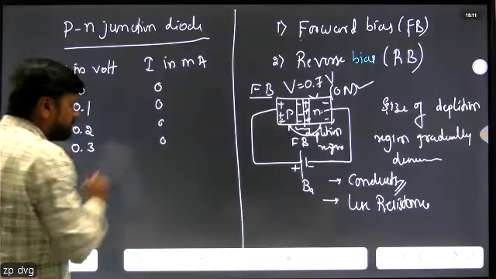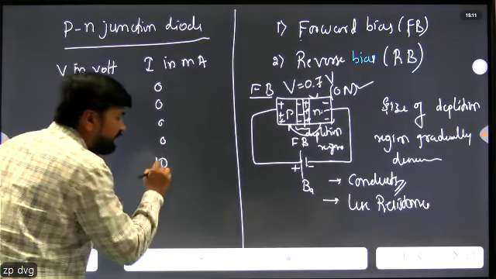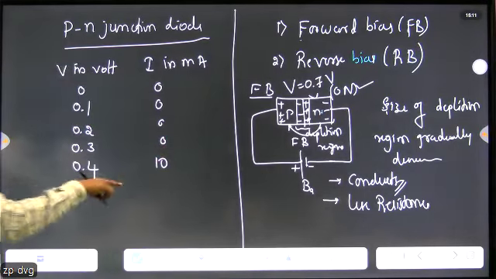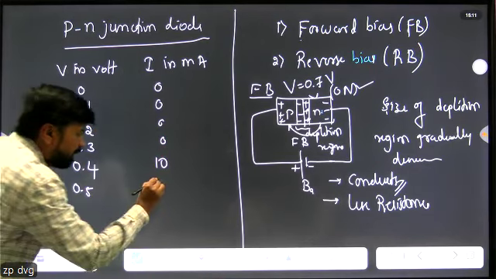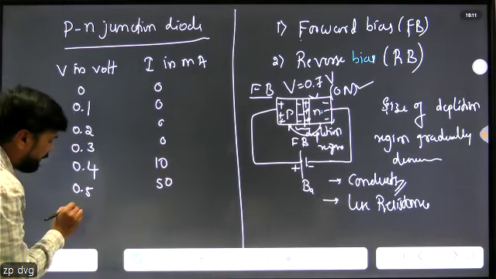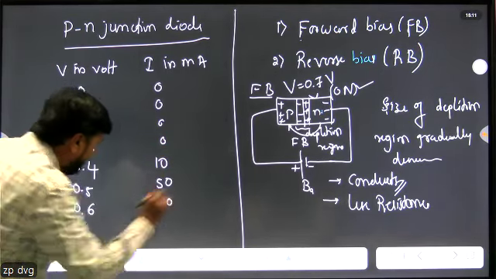At 0.3, current also becomes 0. At 0.4, a slight increase in current, like 10 milliampere, 0.5 like 50 milliampere, 0.6 like 70 milliampere.